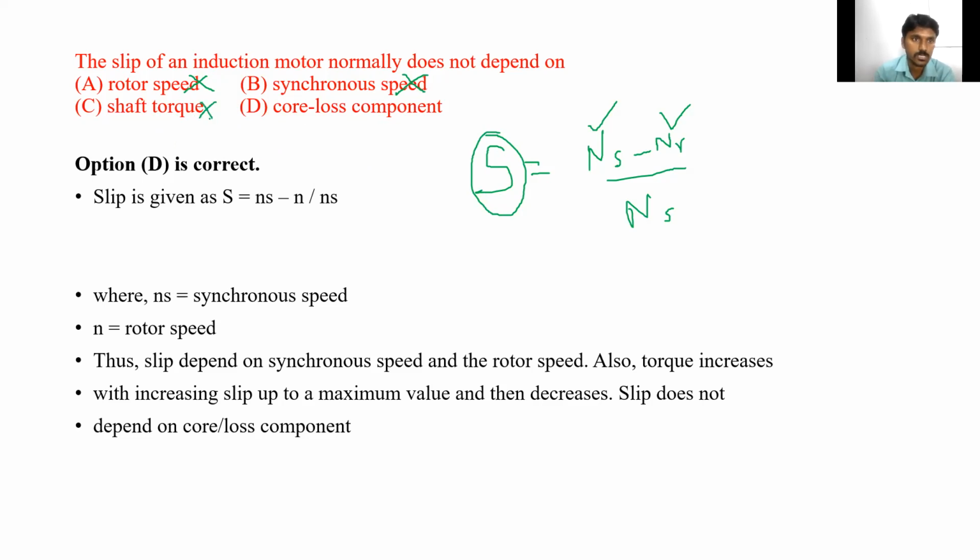So this is also a wrong answer. So we can say the slip does not depend on the core loss component. Clear?